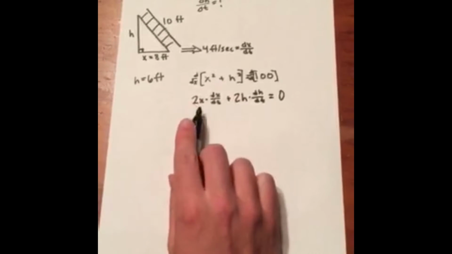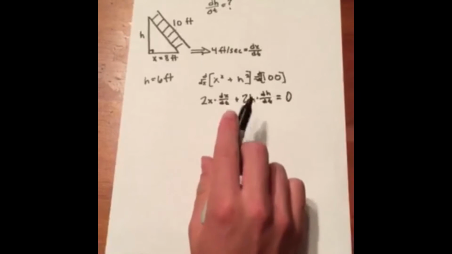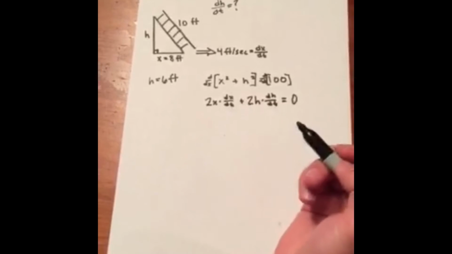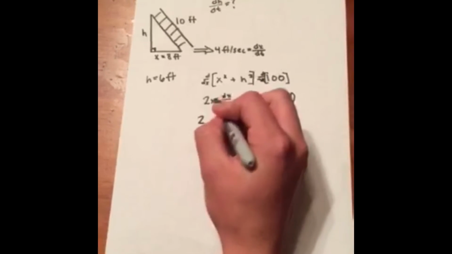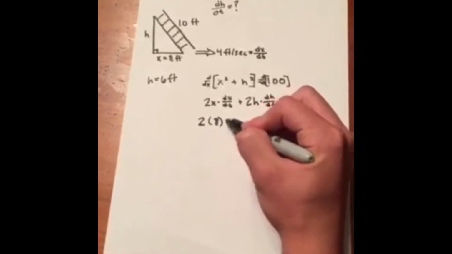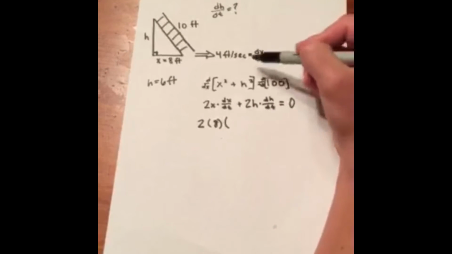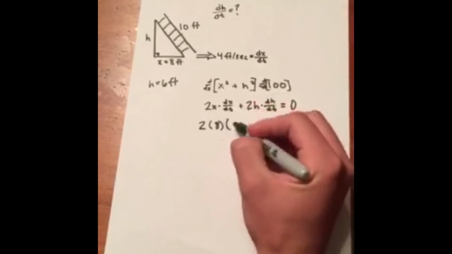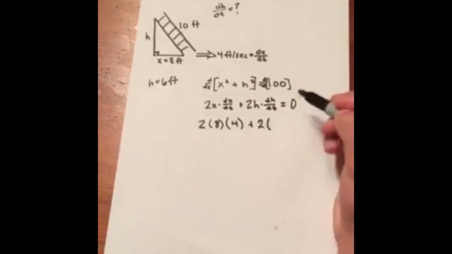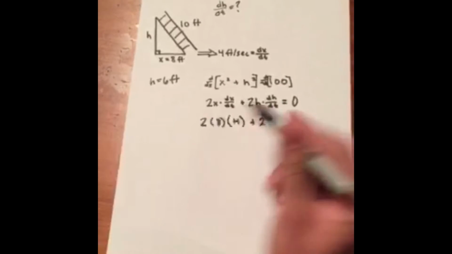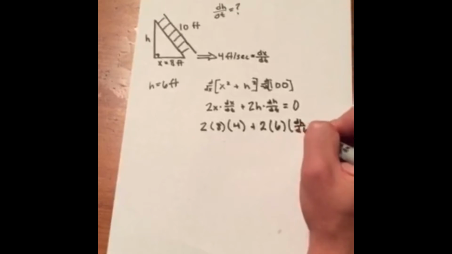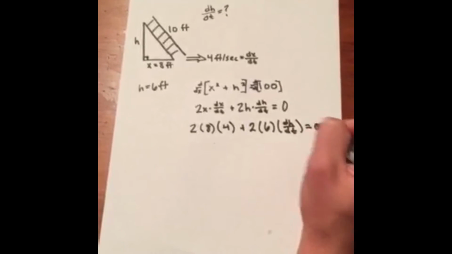We know x, we know dx over dt, and we know h, and we're trying to figure out what dh over dt is. So we're just going to plug in what we know. 2x, we know x is 8 feet, so 2 times 8 times dx over dt, which we are given to be 4 feet per second, plus 2 times h, which we figured out was 6, times what we don't know, which is dh over dt, is equal to 0.